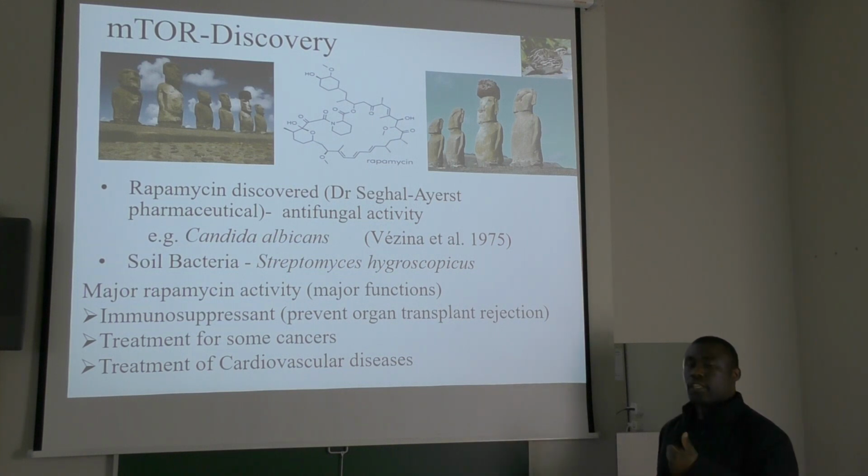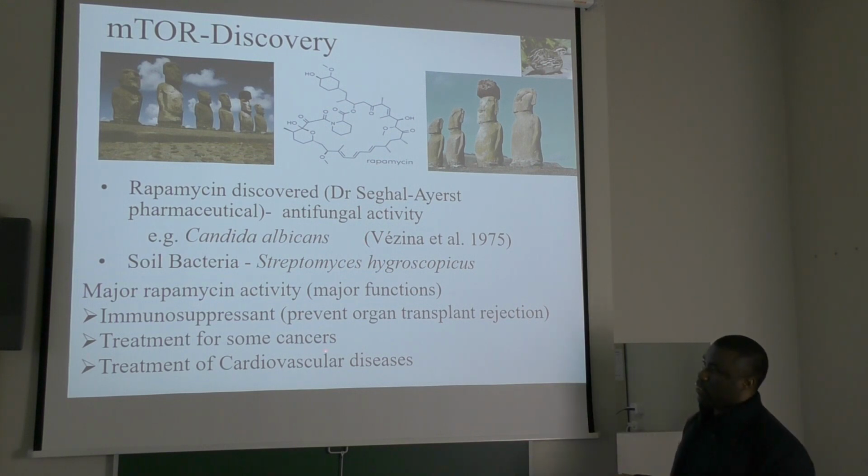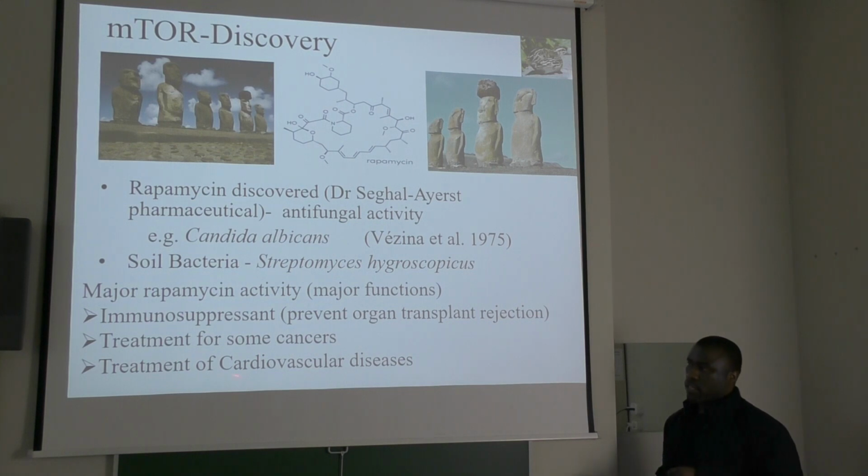Initially, FK506 was the immunosuppressant preventing the rejection of the organ. But later, they discovered rapamycin, which became a replacement drug for preventing organ transplant rejection. It is also used in cancer treatment and cardiovascular disease treatment.